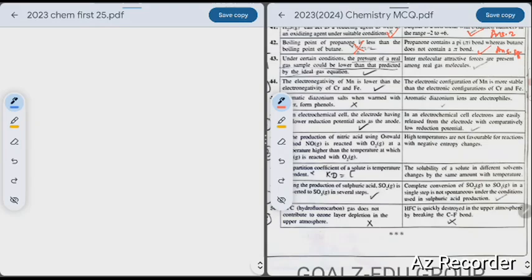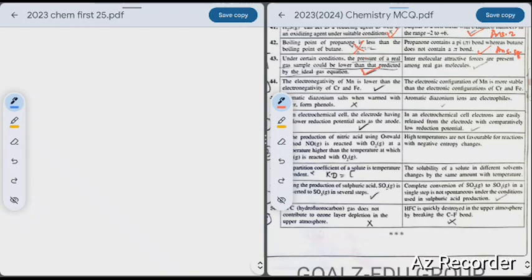So under certain conditions, the pressure of a real gas sample could be lower than that predicted by the ideal gas equation. That is correct. The reason is real gases have intermolecular attractions within them. Therefore, their pressure is lower because molecules tend to be attracted together.